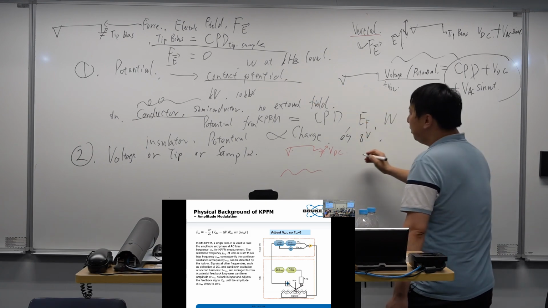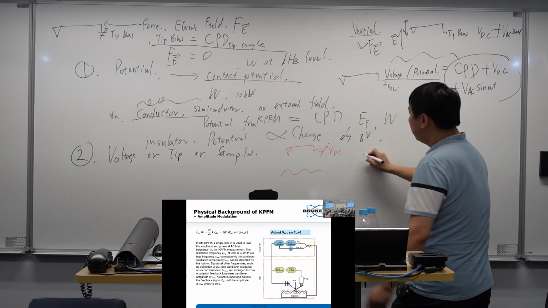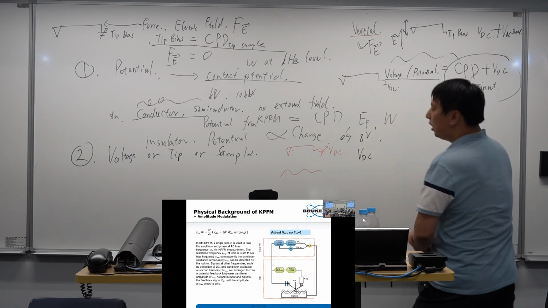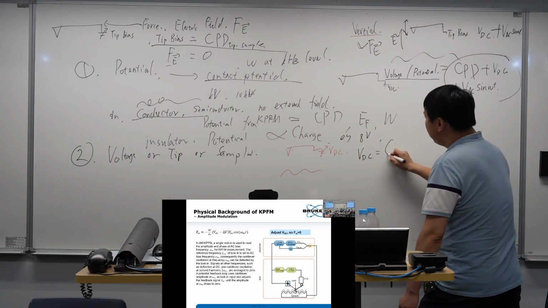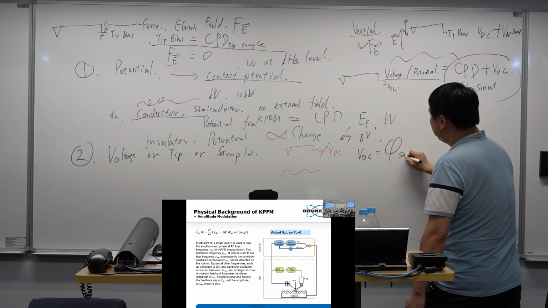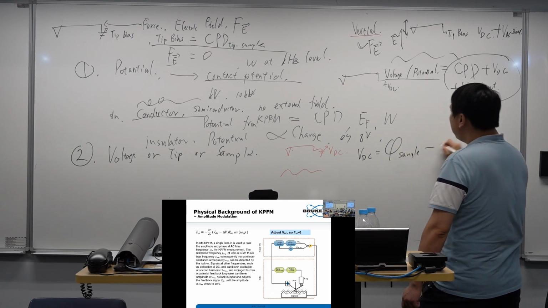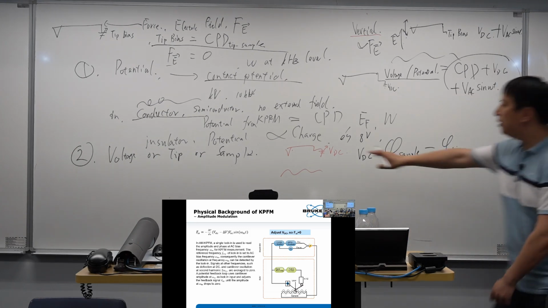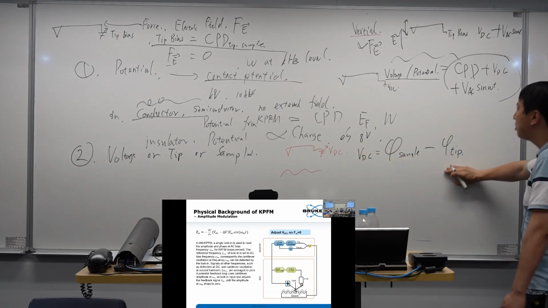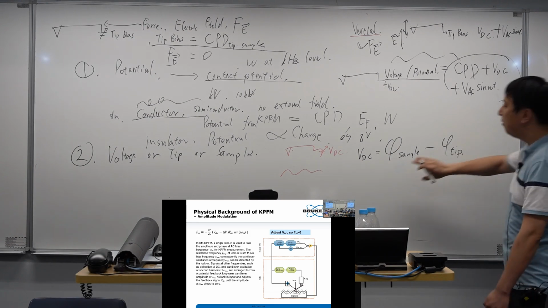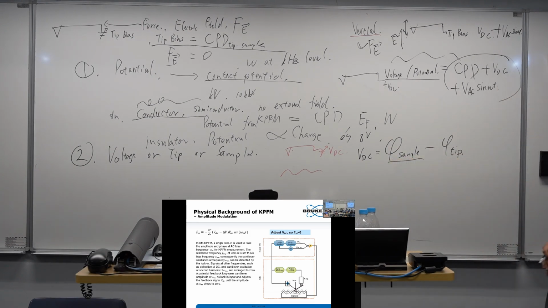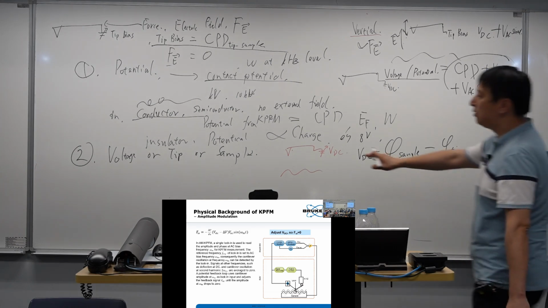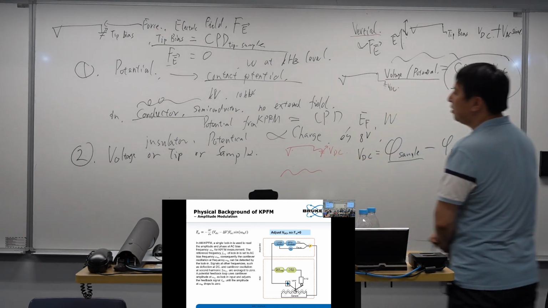Then that means the VDC equals phi sample minus phi tip. My VDC plus the potential of the tip makes it the same as the potential of the sample. That's the compensation meaning.